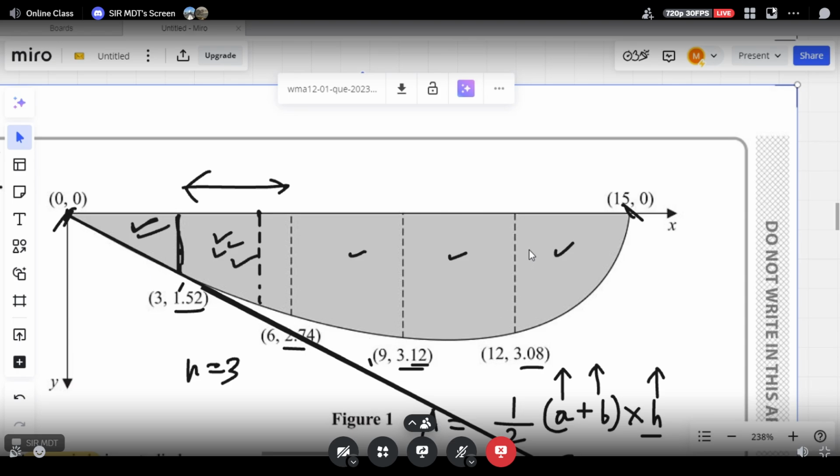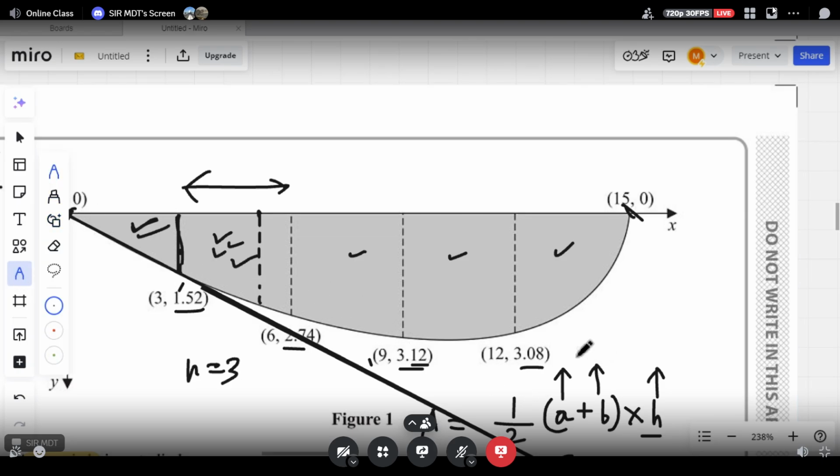So you can see that the curve is getting curved towards the x-axis. So when you will be estimating using the trapezium rule, since it's getting curved towards the x-axis, the trapeziums will get out of the curve.